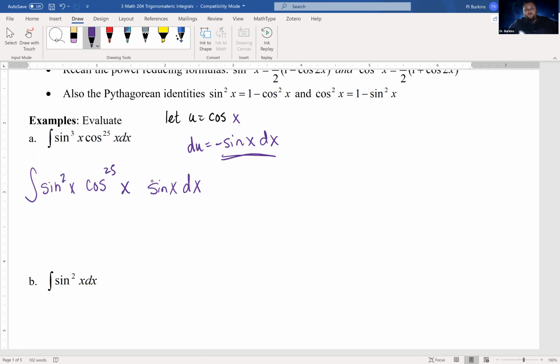Now I also know that if I let u equal cosine, du is negative sine. So I'm going to go ahead and put that in as well, and just put a set of parentheses around those. And if I put a negative on the inside, I have to counteract it on the outside. So I need a negative out there.